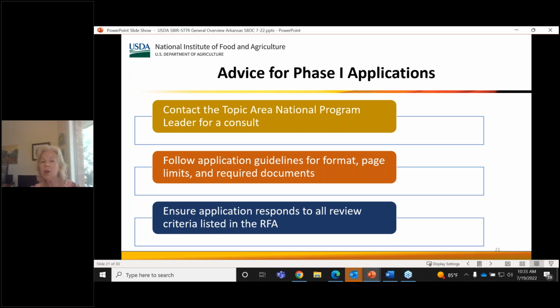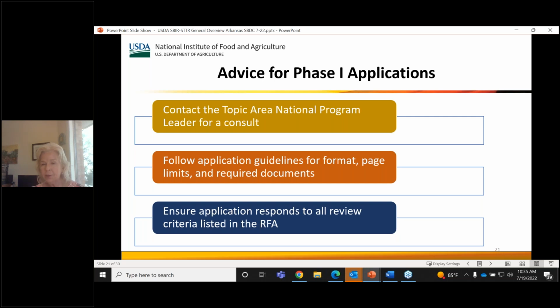You can contact him if you're not sure which topic area, or you see yourself fitting in several topic areas. And that is fairly common because of our topic areas being broad. So that's one thing you can do. If you look at our topic areas and you see a clear fit for your innovation, then you can go directly to the national program leader and ask for a consult.